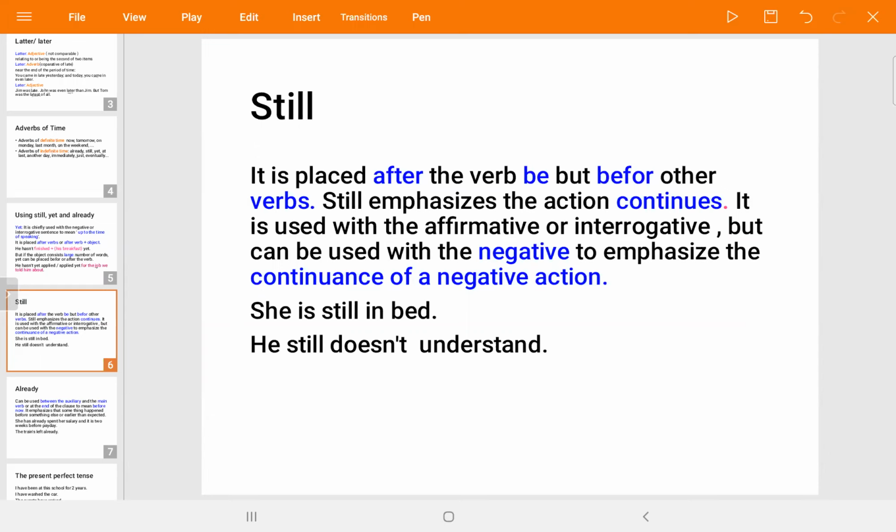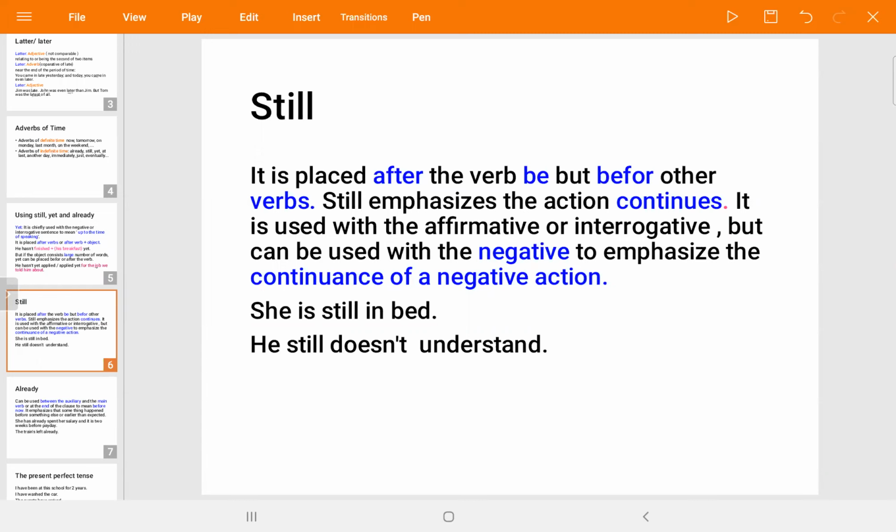Is, am, are; change them into simple past: was, were; and into past participle: been. So we always place still after the verb to be.